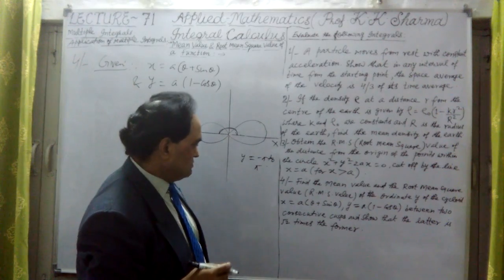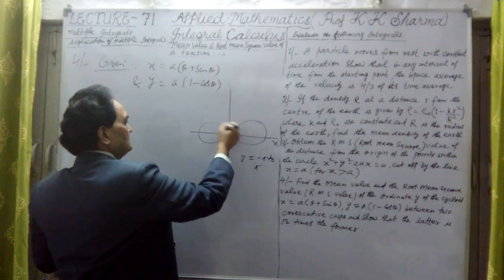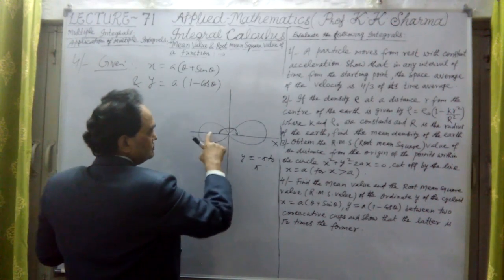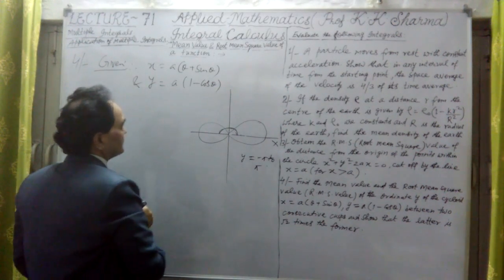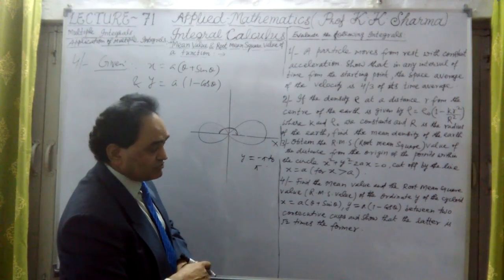Between the two consecutive cusps, this cusp and this cusp, the limits for y are minus pi to plus pi, because the ordinate is y. We have already calculated the limits of y here.